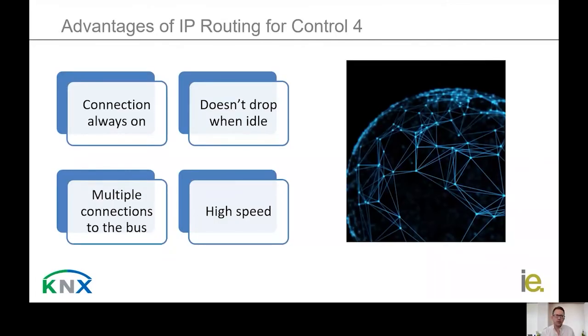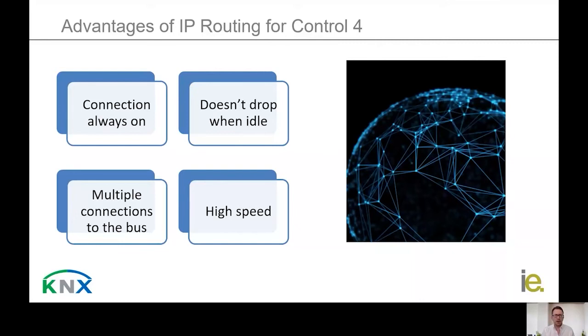So, advantages of this method. Firstly, multicast is always on. Multicast doesn't periodically drop the connection when communication is idle. Also, using KNX IP routers, we can connect multiple KNX twisted pair lines simultaneously to Control 4 using that KNX multicast IP address.